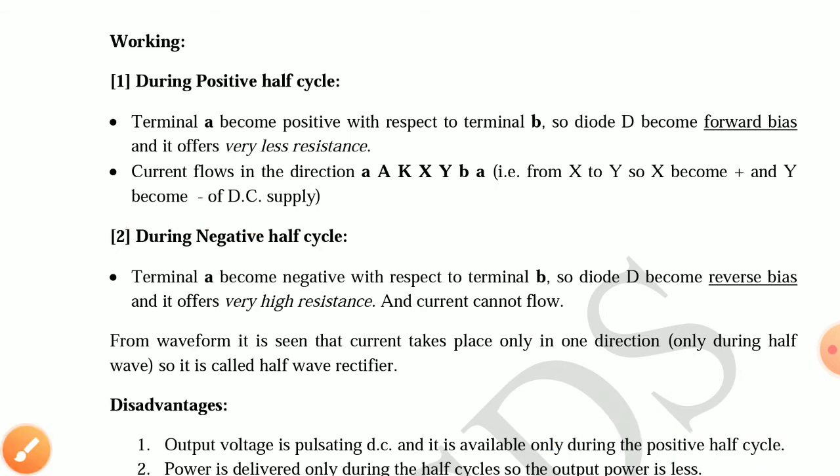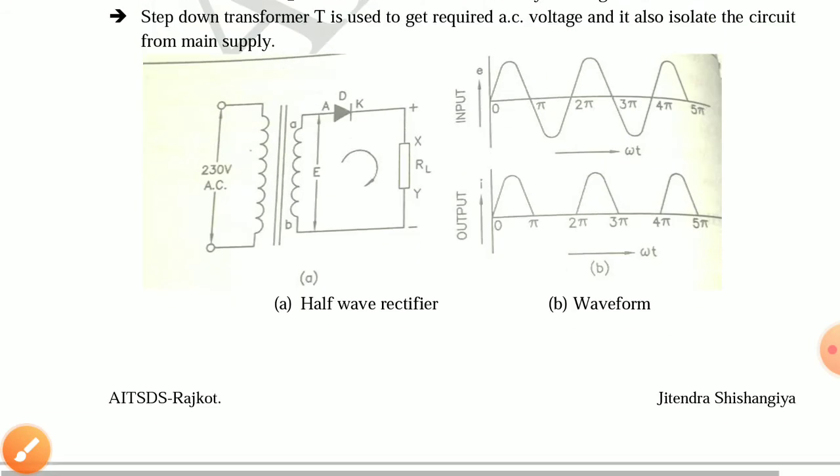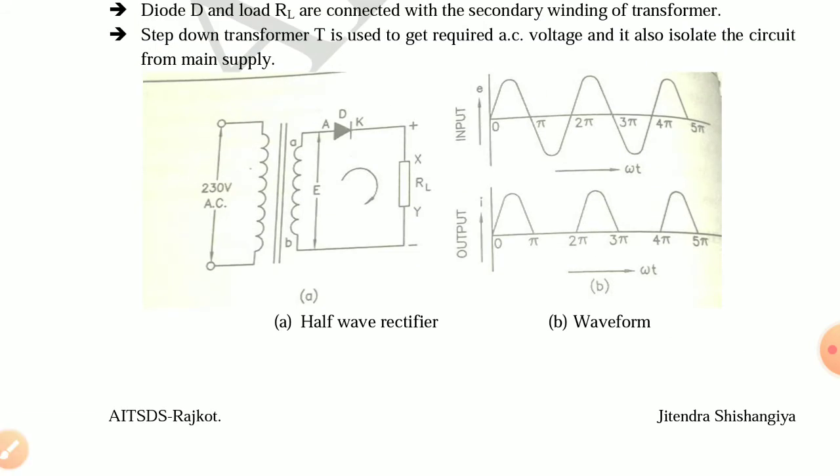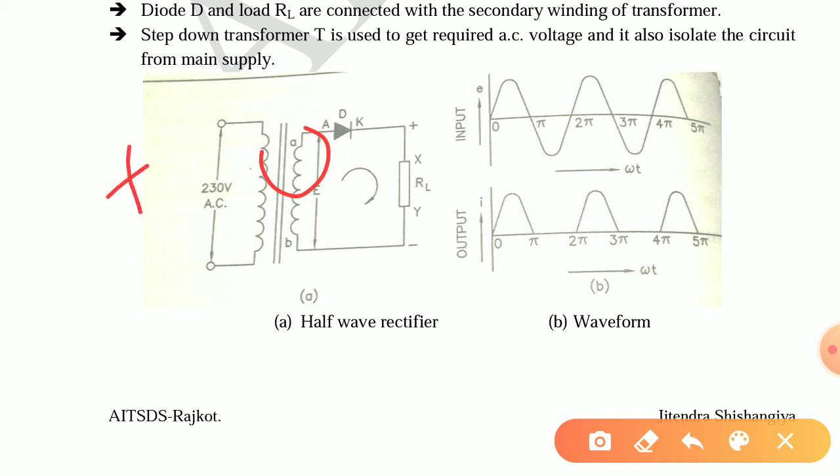Let's understand in the diagram also. During the positive half cycle, terminal A becomes positive and terminal B becomes negative. So the diode becomes forward biased and current will flow in this direction.